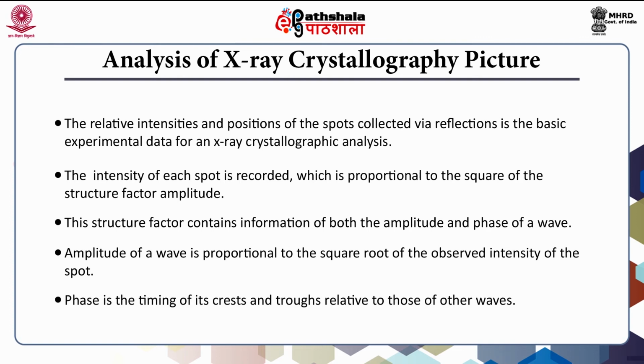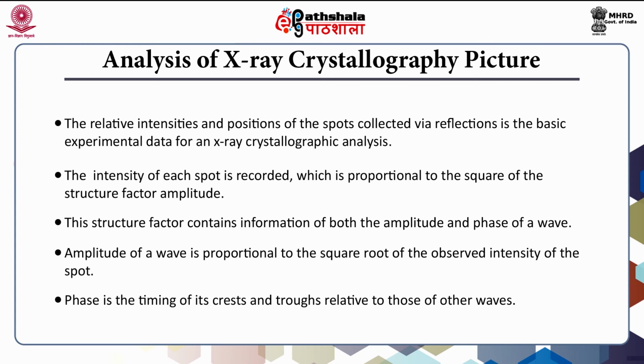So, each wave also has a phase, which is the timing of its crests and troughs relative to those of the other waves. We have to calculate the phase and the amplitude, and then we need to do some more high-level mathematical calculations; additional experiments and calculations must be performed to determine the phases corresponding to each reflection.